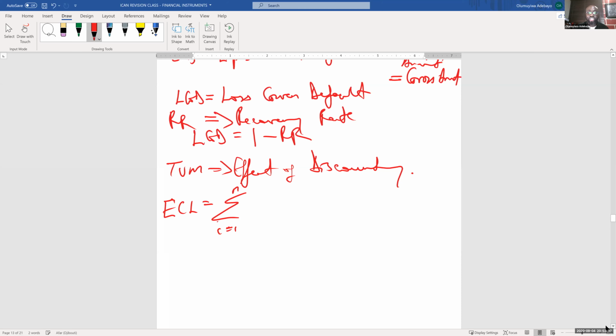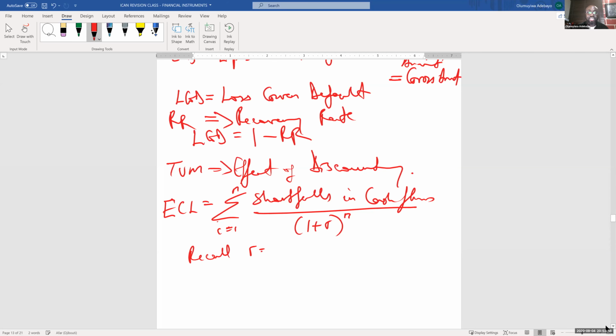And what is my shortfall in cash flow? My shortfalls in cash flow discounted by the effective interest rate over a number of periods. Now remember, recall, my discount rate in this case, R, is equivalent of my effective interest rates.